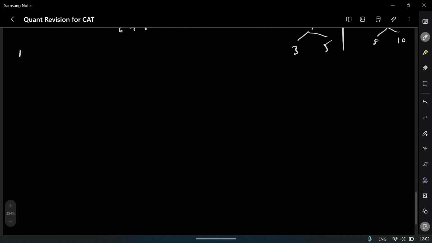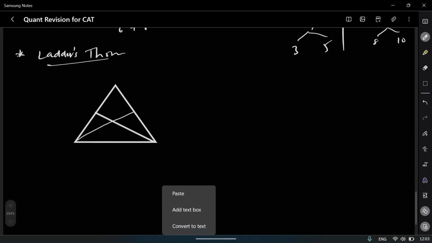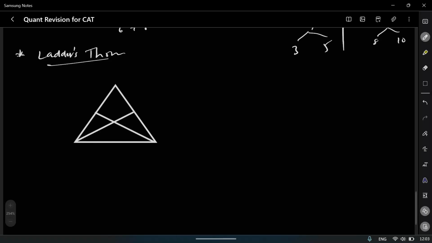And then there is one theorem called ladder theorem. What the ladder theorem states is, let us take a triangle ABC.